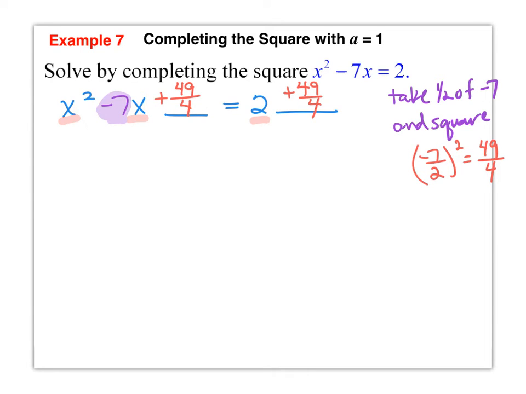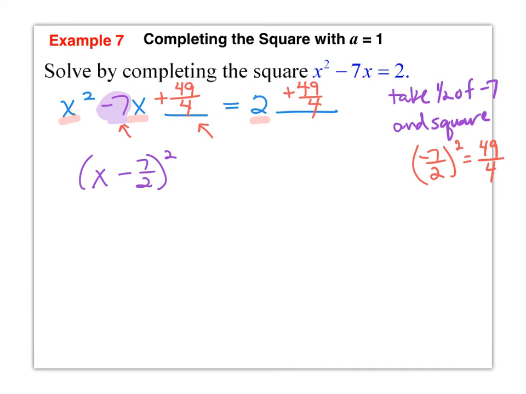Now, on the left here, we have a perfect square trinomial. The factors of that last term that will add up to the middle term can be expressed as x minus 7 over 2, that quantity squared. Again, you can factor x squared minus 7x plus 49 over 4 by finding the factors of 49 over 4, which is negative 7 over 2, and another negative 7 over 2.